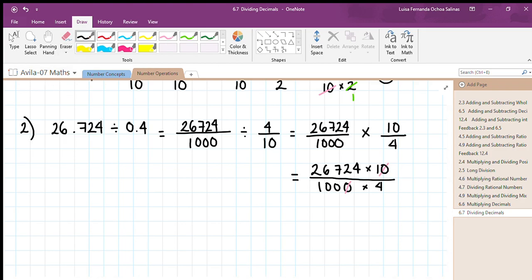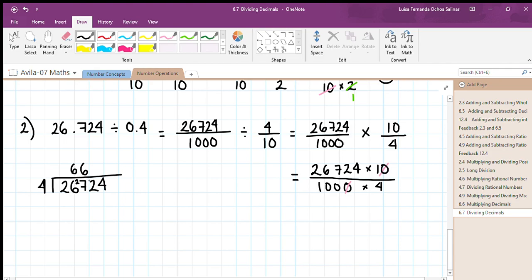So let's do it on this side here. So if I do 26,724 divided by 4. So that's going to be 6, because 6 times 4 is 24. Then I have a remainder of 2. Then I'm going to put another 6. 6 times 4 is 24, 27.